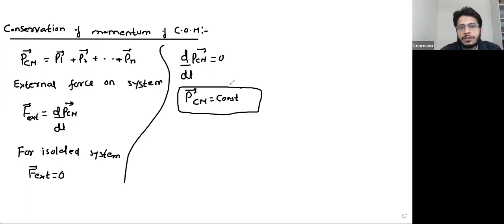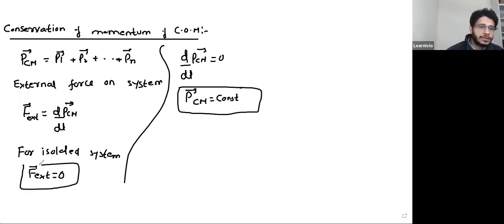That means if you have an isolated system, a system on which no external force is acting, then the momentum of the center of mass of the system will remain constant. Its momentum will not change. But for conservation, this is an essential condition: momentum of center of mass will not be conserved unless the external force on the system is 0.